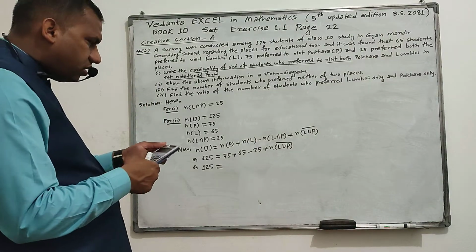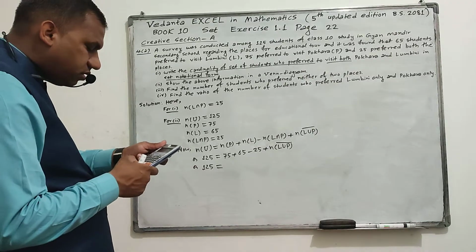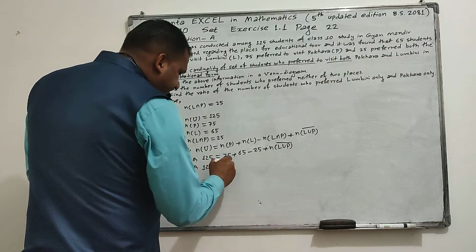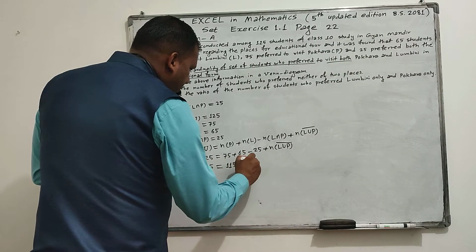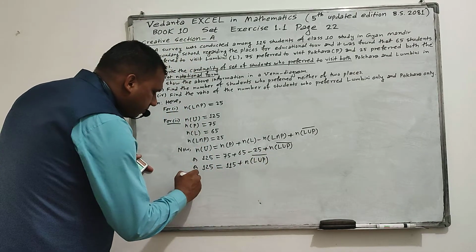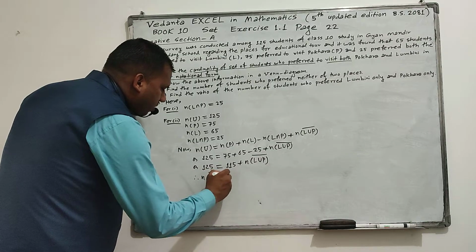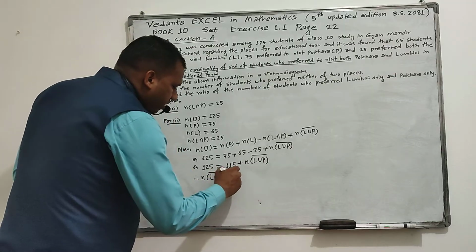Let us use the calculator. 75 plus 65 minus 25, that is 115, plus n((L union P) whole complement). Therefore, n((L union P) whole complement) equals 125 minus 115, that is 10.